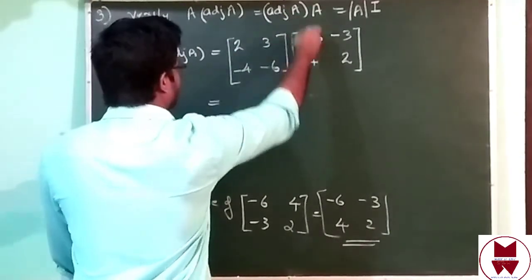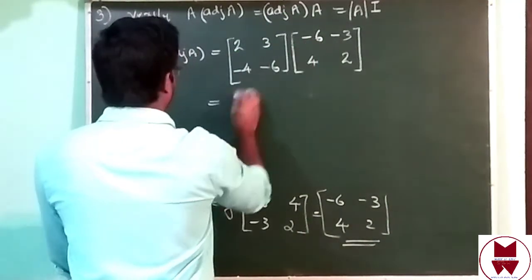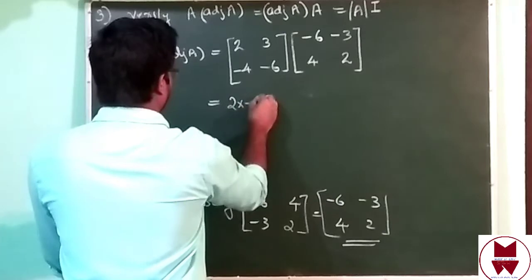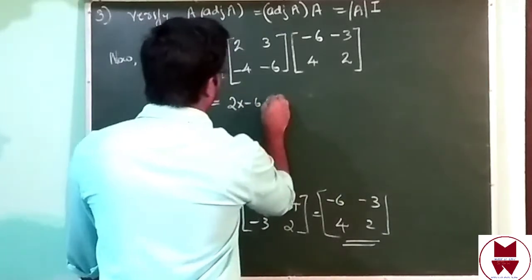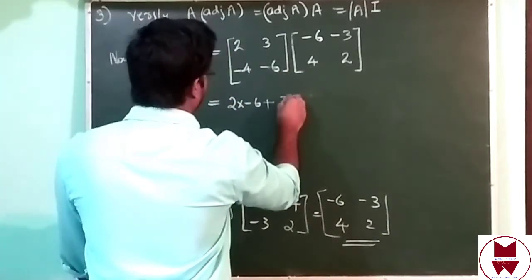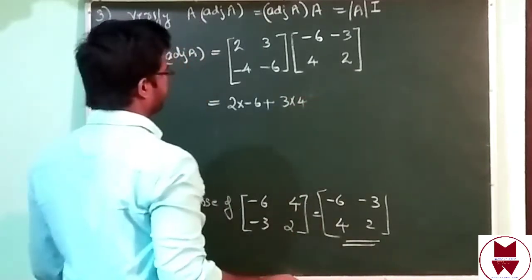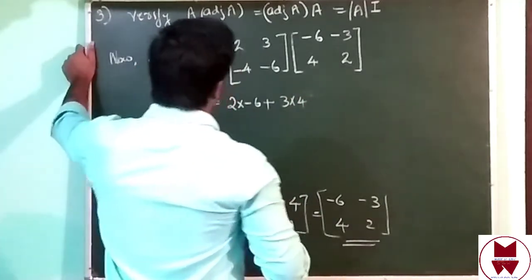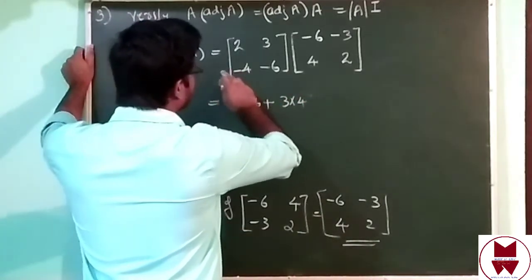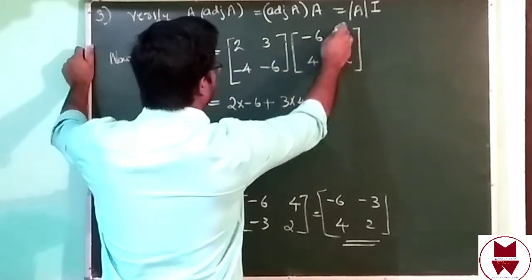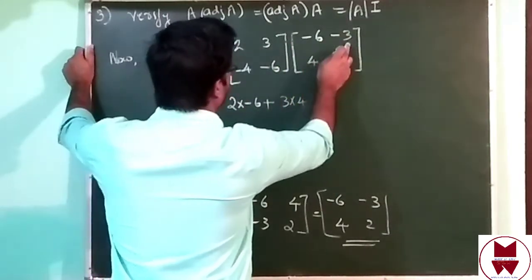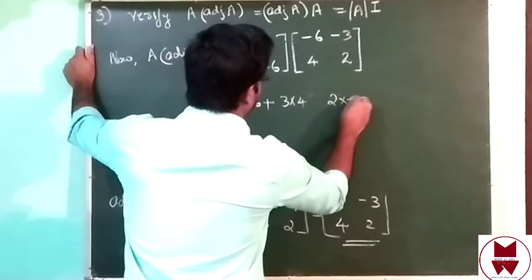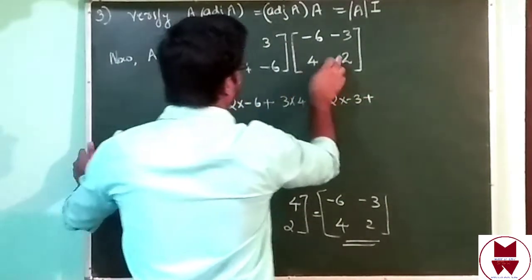First row and first column: 2 into minus 6, plus 3 into 4. Again first row, second column: 2 into minus 3 plus 3 into 2.